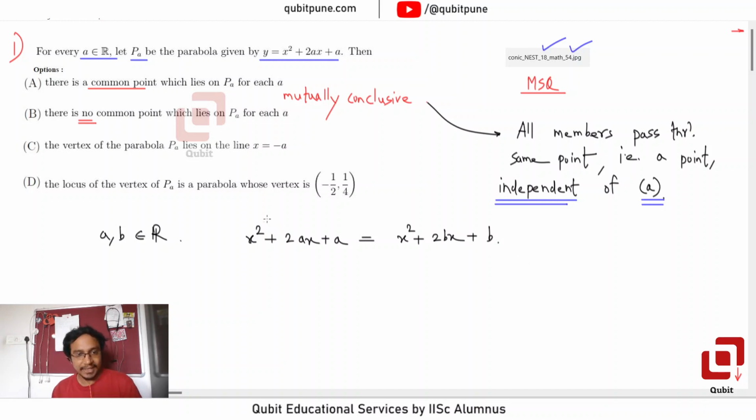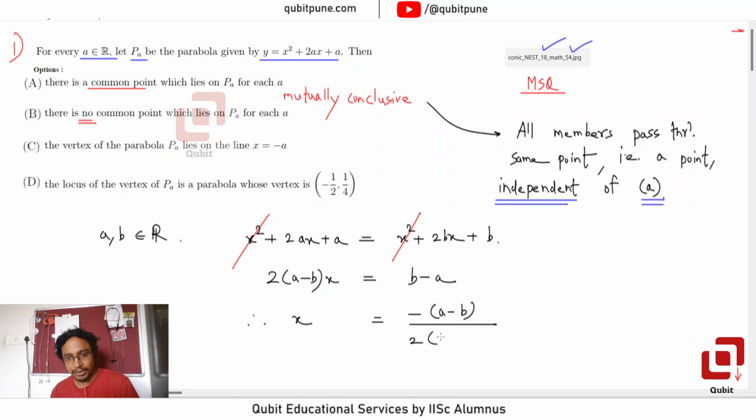Now we can get rid of x squared. Then let's bring 2bx here. So 2 common, a minus b into x, a minus b. So x is equal to negative of a minus b upon 2 times a minus b, so negative 1 upon 2.